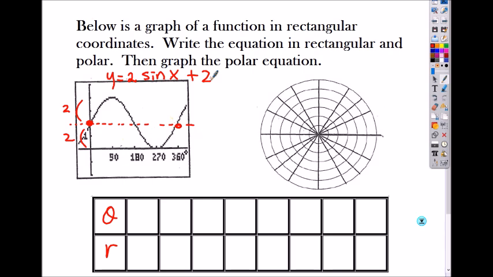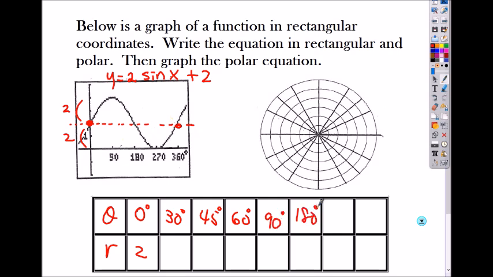So theta, let's just look at the first cycle, 2 pi. So at 0, what's r? How far is it away from the pole? 2. What about at 30? 30 degrees, let's do 45, 60, then you can do 90, 180.